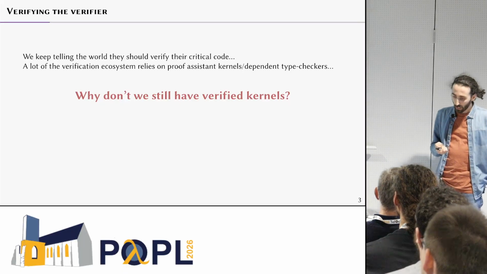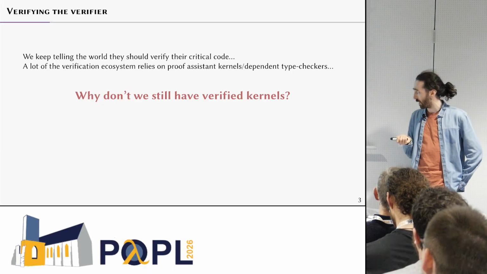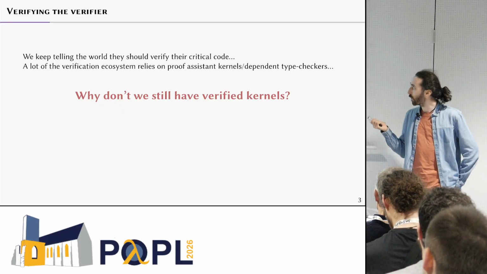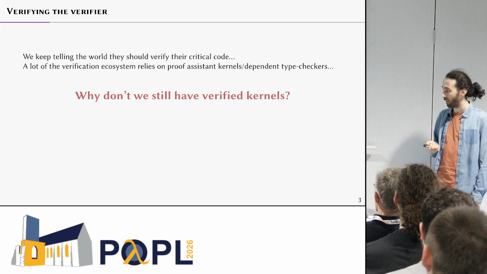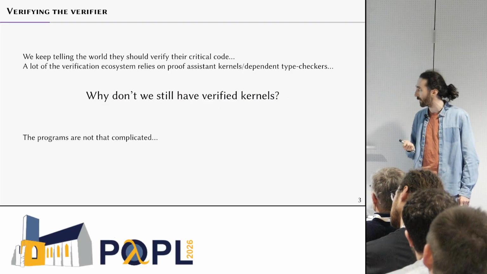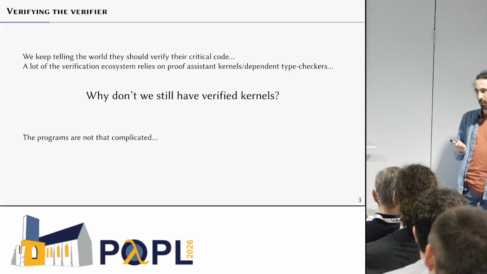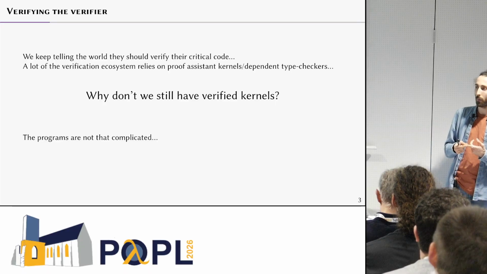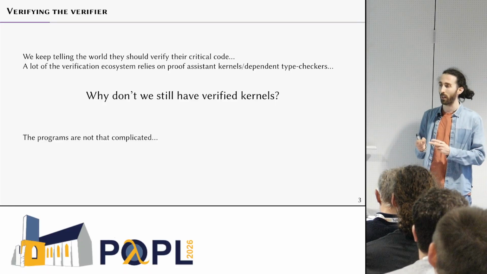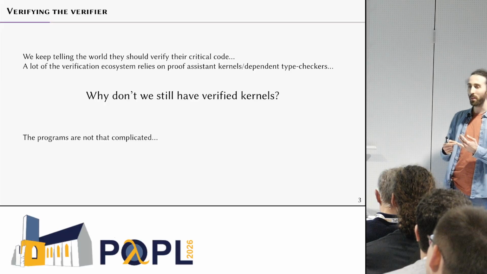I'm not sure. But there's something interesting happening here, which is that the code of these dependent type checkers, or more generally of type system implementations, is not that complicated, by which I mean that they're typically in a functional programming language, reasonably pure, or at least not doing too crazy things with effects, and you don't get crazy concurrency primitives.